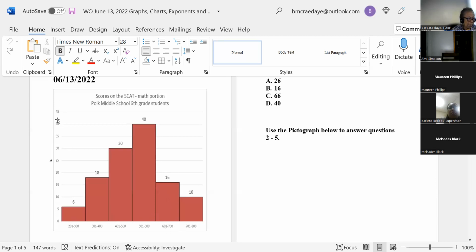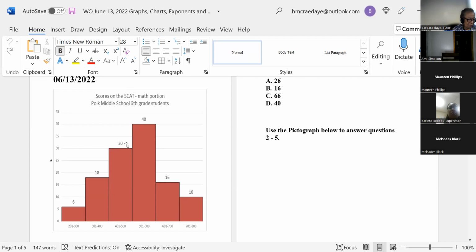So these numbers over here represent the number of students. Notice this 40, if you go from this y line over to the bar, you see that's a 40. And there's the 30, just go from that 30 on the y line to the top of the bar, it is 30.